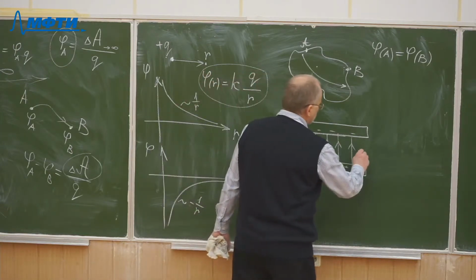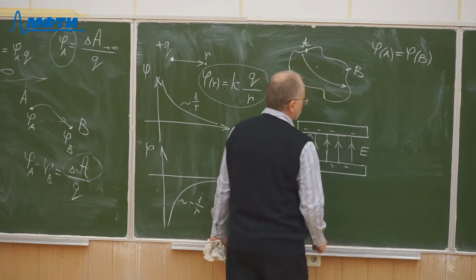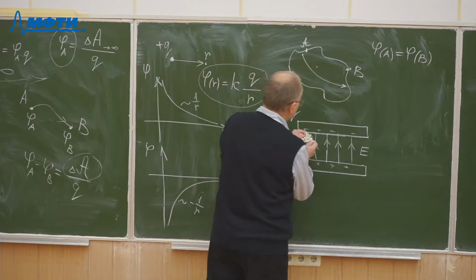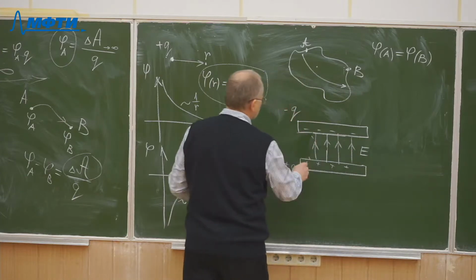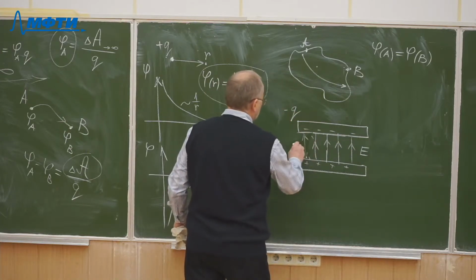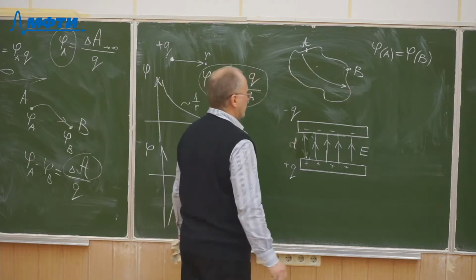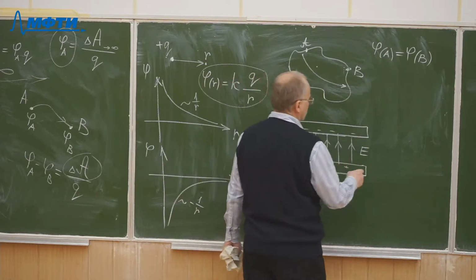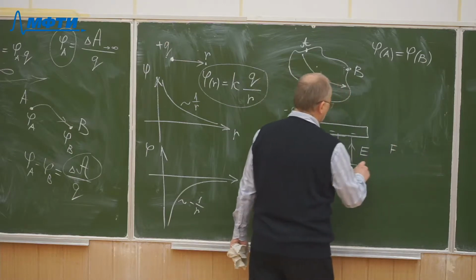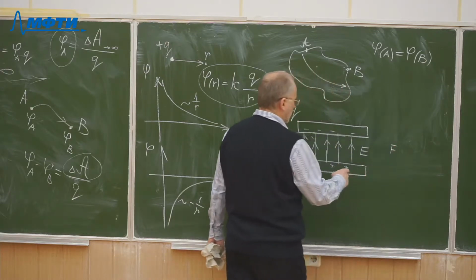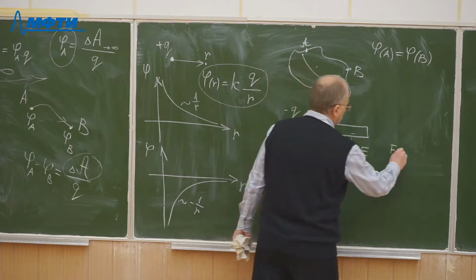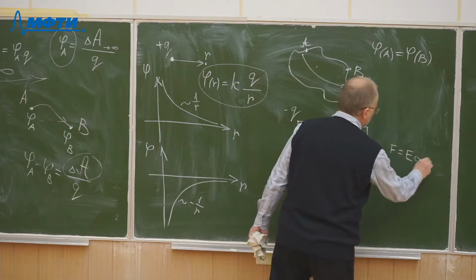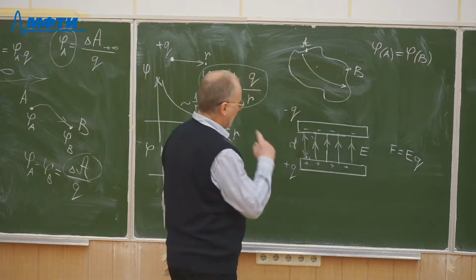So if there is some electric field strength E inside the capacitor, and the distance between the plates is d, then any probe charge put inside the capacitor will be acted upon by force F, which will be equal to the field strength and the probe charge magnitude.